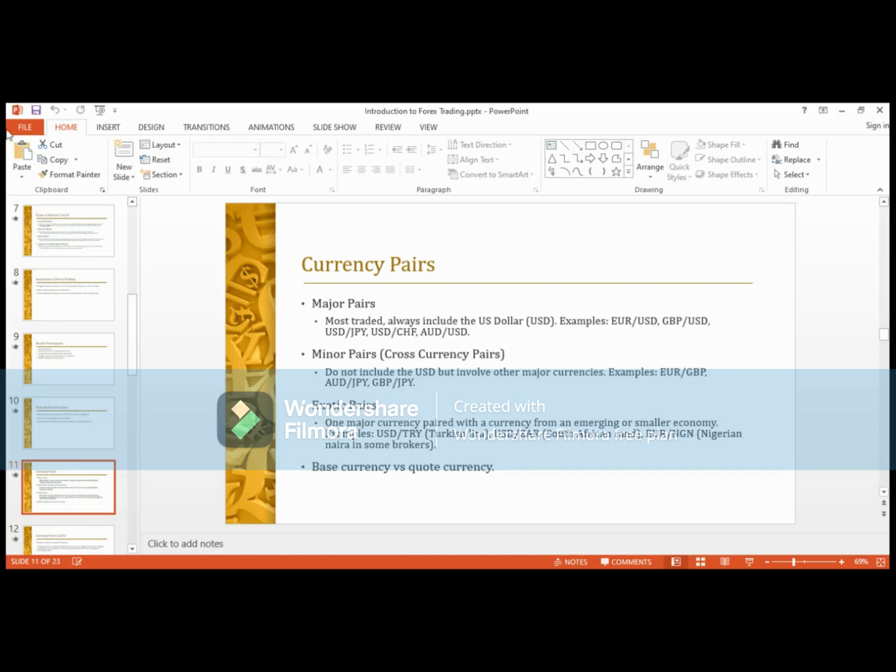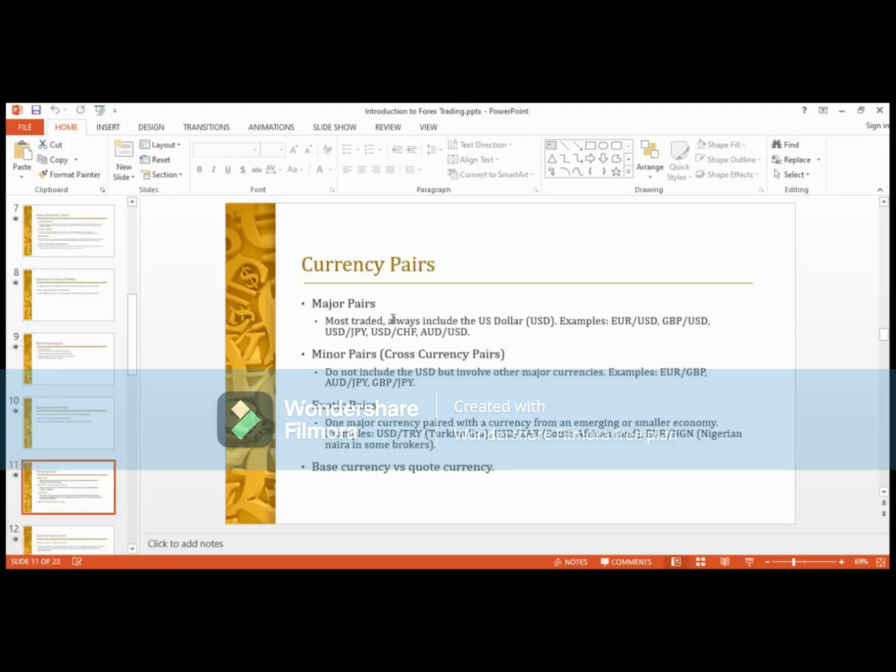We have some currencies which are major, so we call them the major currency pairs or the major pairs. We also have the minor pairs, also called the cross currency pairs. We also have the exotic pairs.